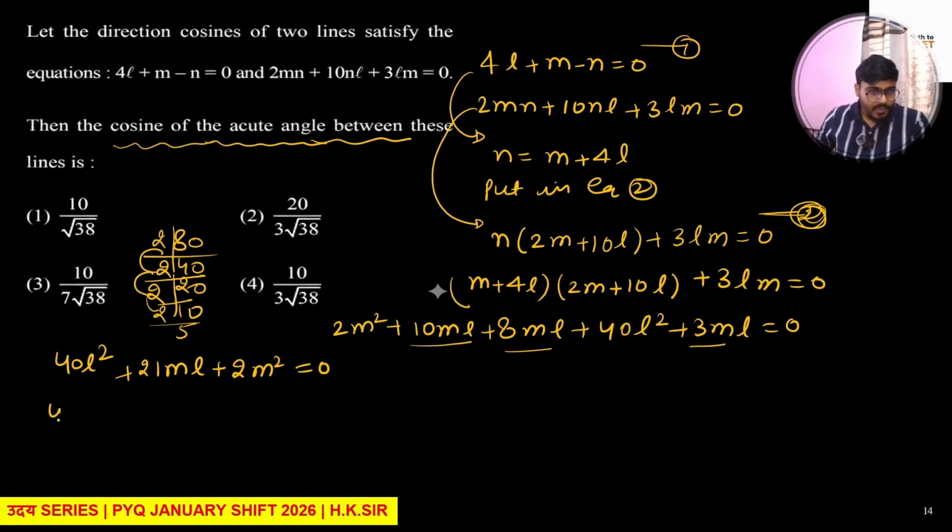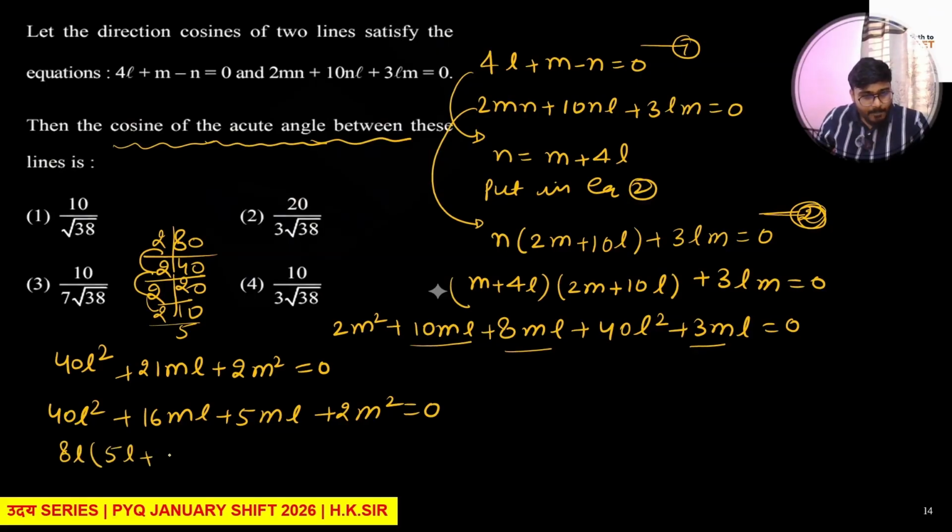So 40l square plus 16ml plus 5ml plus 2m square equal to 0. From here you can take 8l common, so 5l plus 2m, plus from here you can take m common, 5l plus 2m equal to 0.